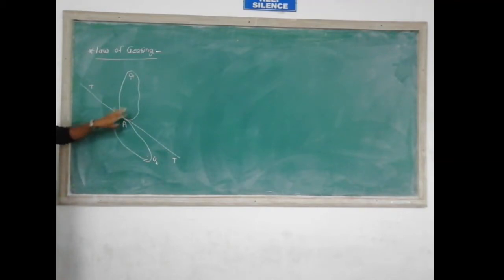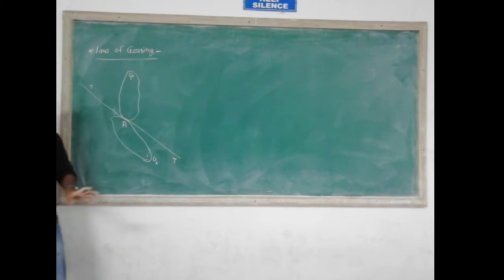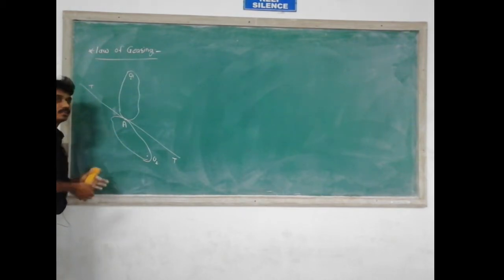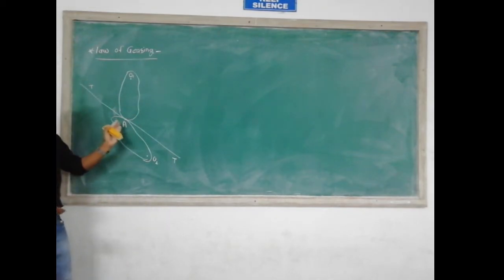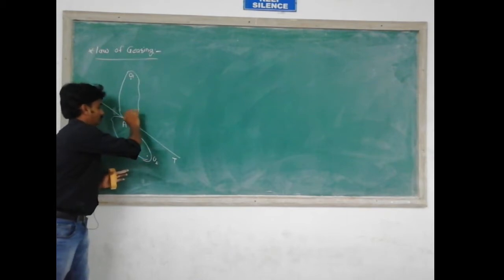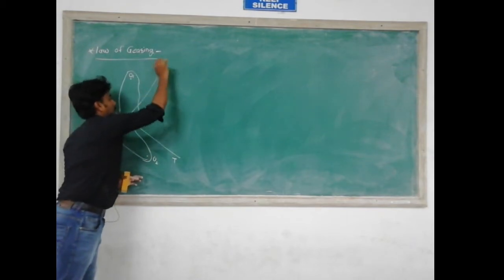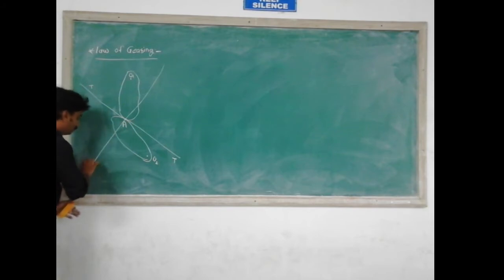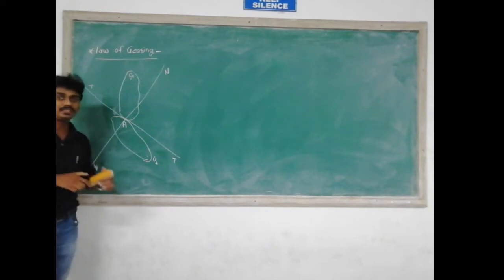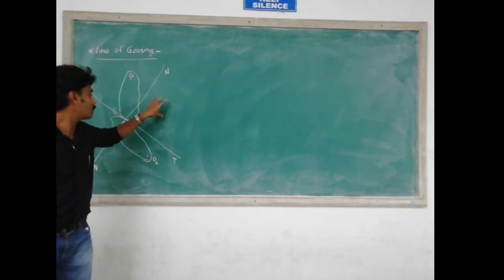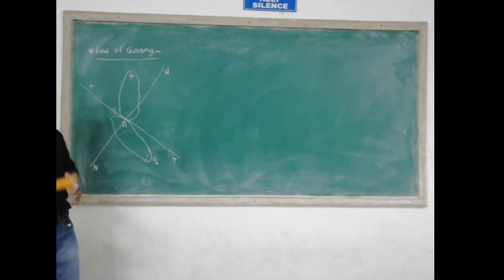We draw one line which passes through the point A and is tangent at point A, which is called the common tangent to the two teeth. Now draw a line passing through the point A and perpendicular to the line TT. Mark it as N, and N is the common normal at the point of contact.